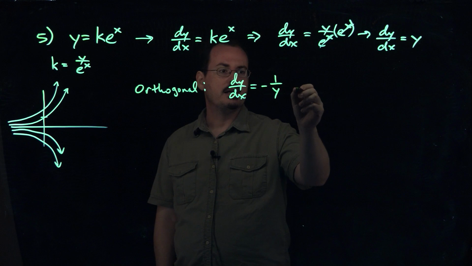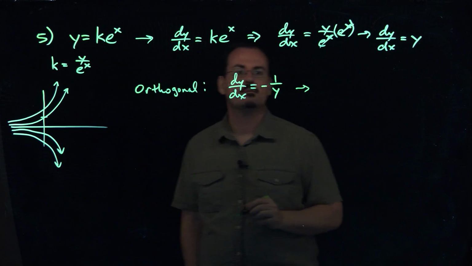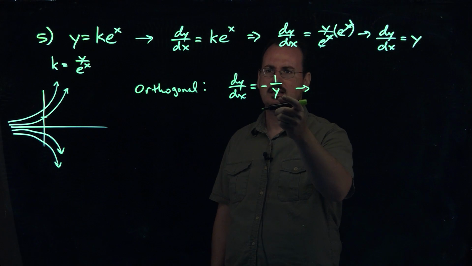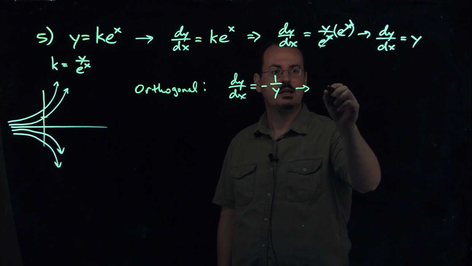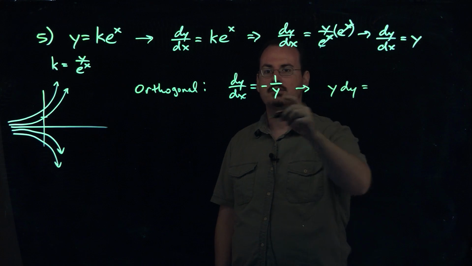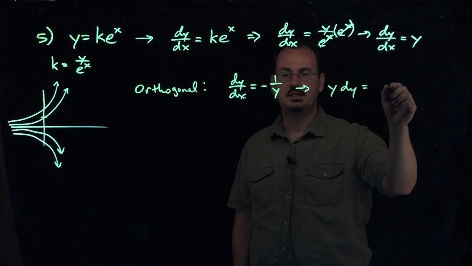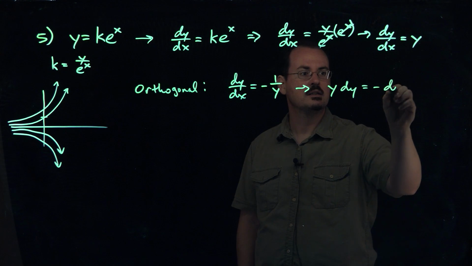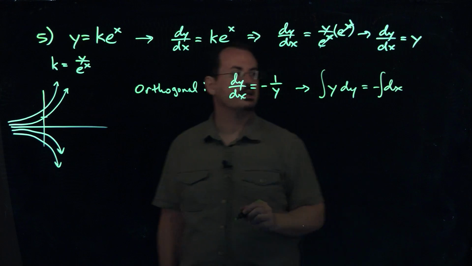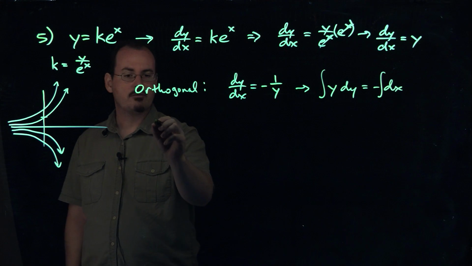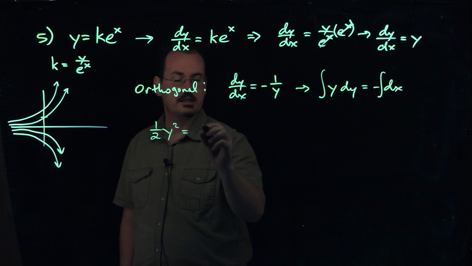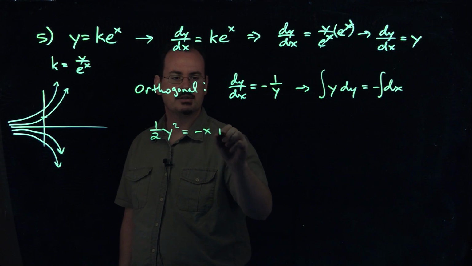So we can do this by separation of variables. So we'll multiply both sides by y. We'll get y dy is equal to, and if I multiply the other one by dx, I'm going to get negative dx. And then I can just put the integration symbols here, and we'll get 1/2 y squared is equal to negative x plus some constant.